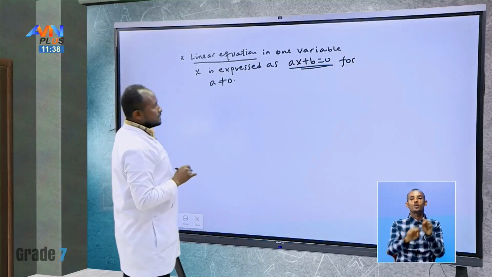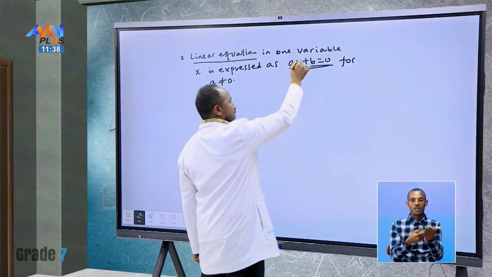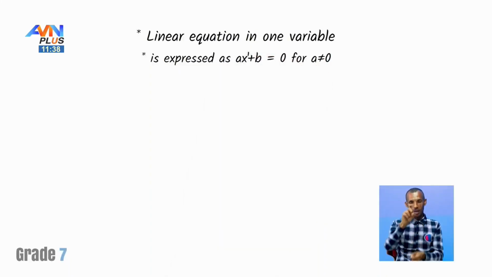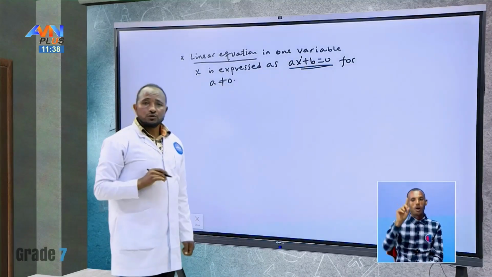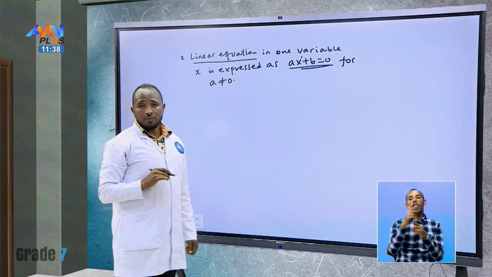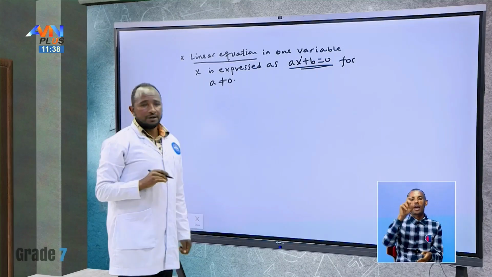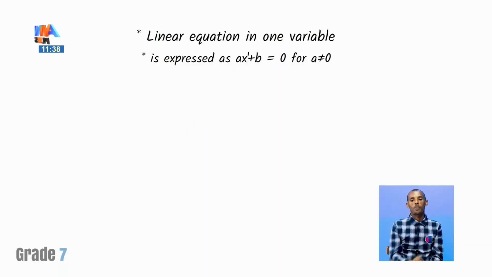As you can see here, there is one variable. The variable exponent must be 1. In that case, we call it a linear equation if it has the form ax plus b, otherwise it's not linear. So, let's see an example.